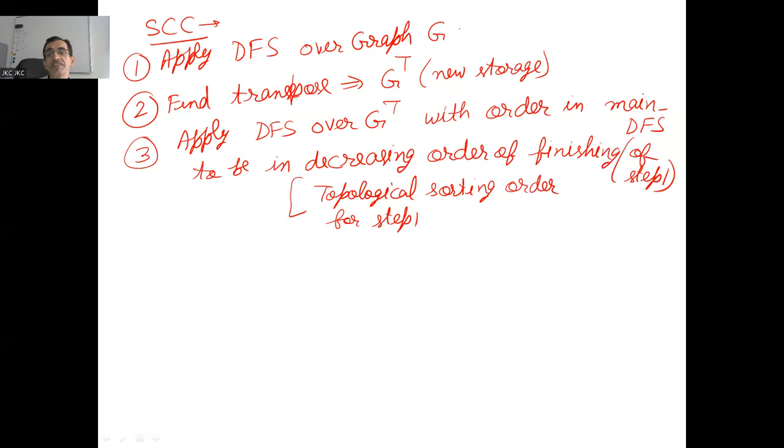So after this, store the topological sorting order some way, either a linked list or a stack or whatever, and then the same order is to be used in main DFS instead of 1 to n. This will be more clear once I have that graph to be used, and then we will be showing why this logic happened like this.